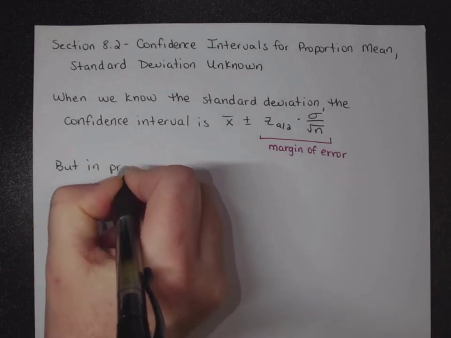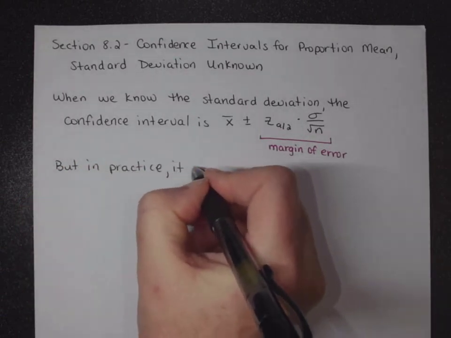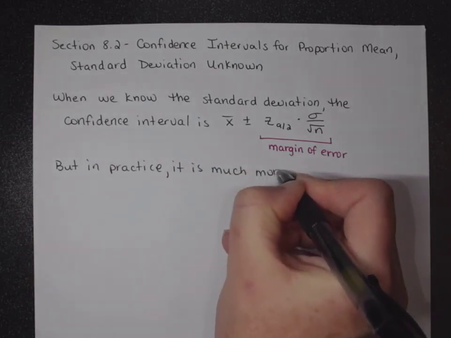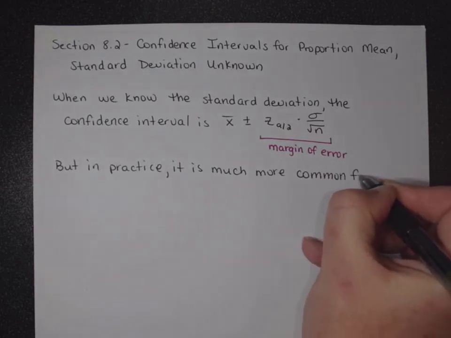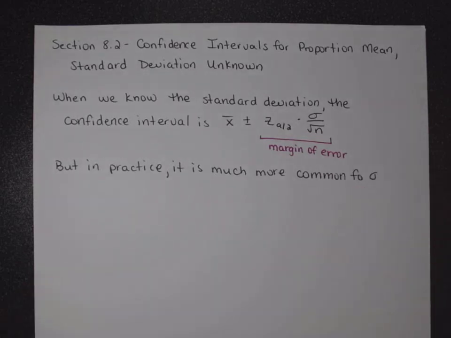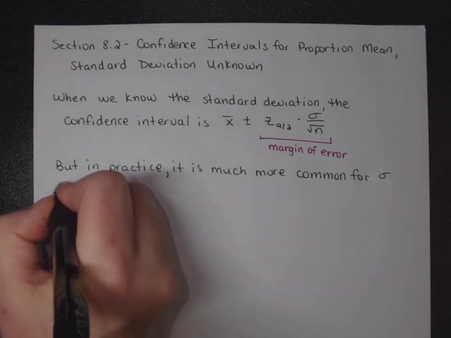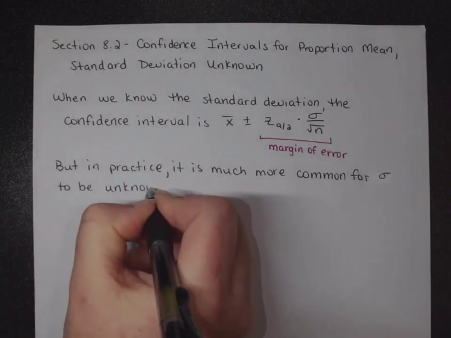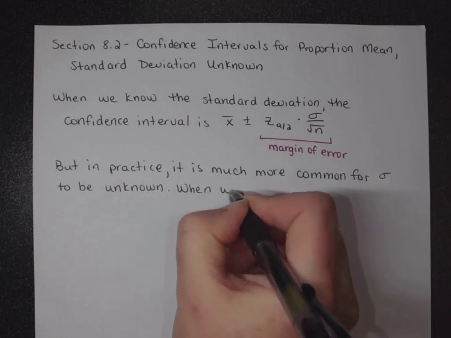But like I said, in practice, in real world settings, it is going to be much more common that we don't know that sigma. And we have a backup option for that too. We just have to find our error a little bit differently.